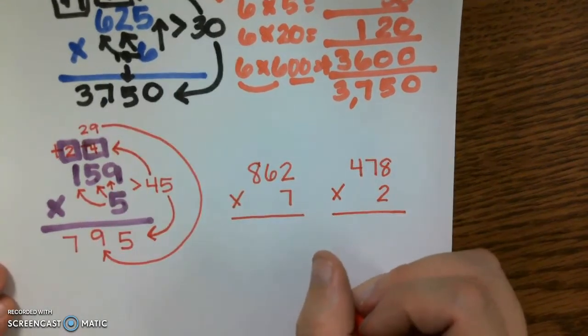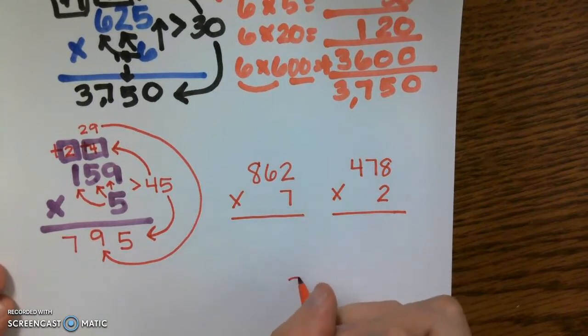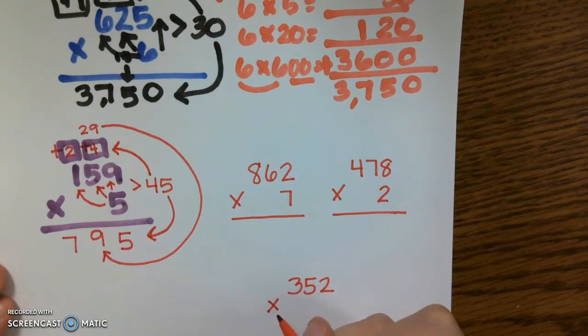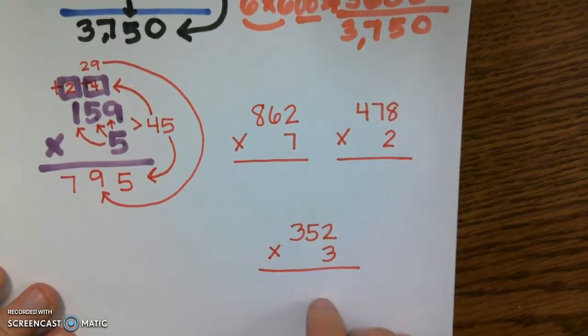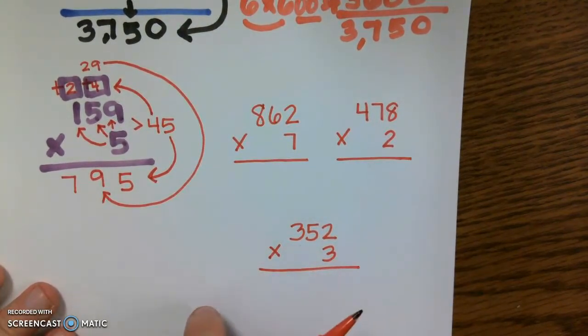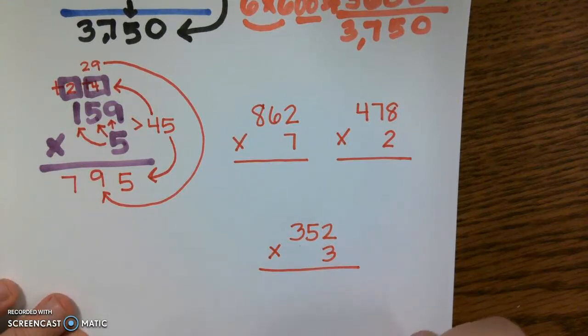And then we'll do 352 times 3. So if you want to take a moment to pause the video to copy these problems down and try to work them like this, you're more than welcome to. I'm going to go ahead and solve them now, so you will have the correct answer.